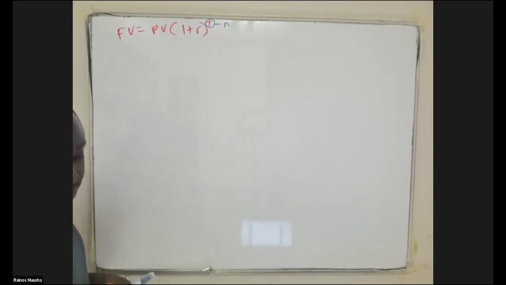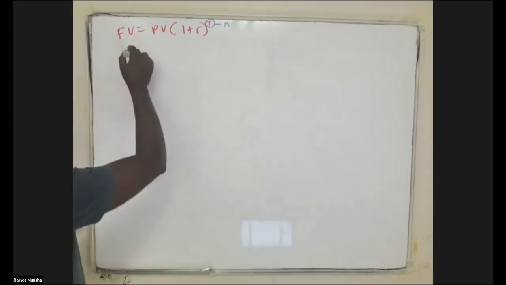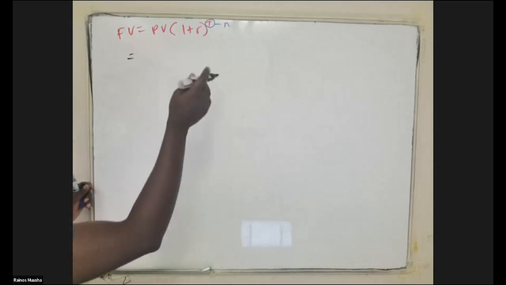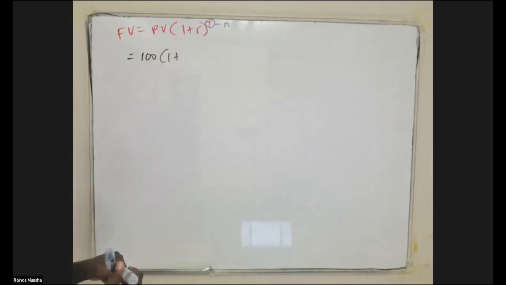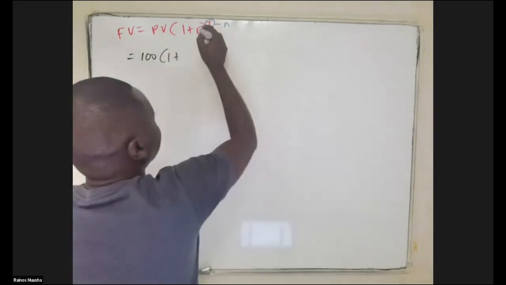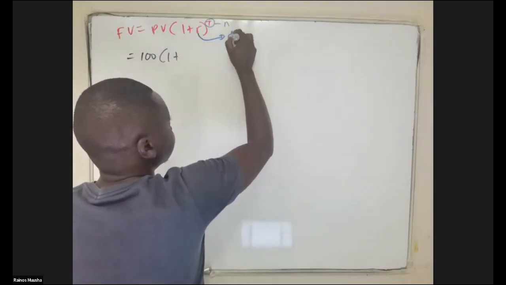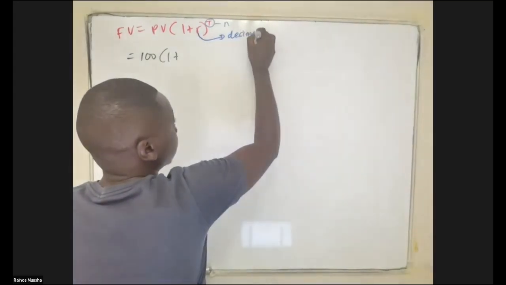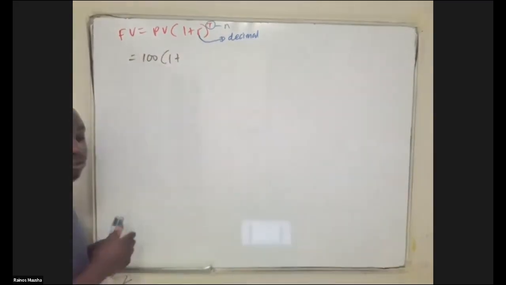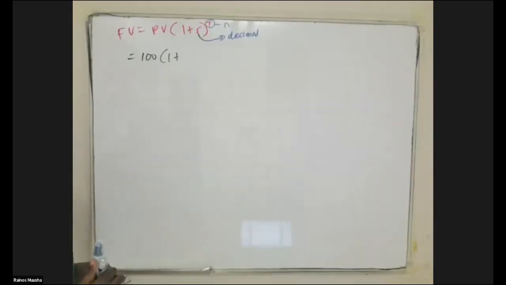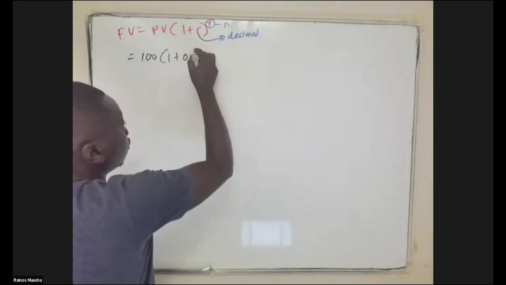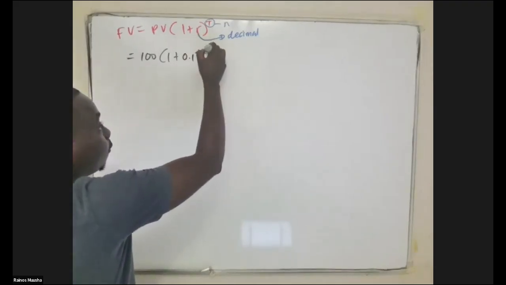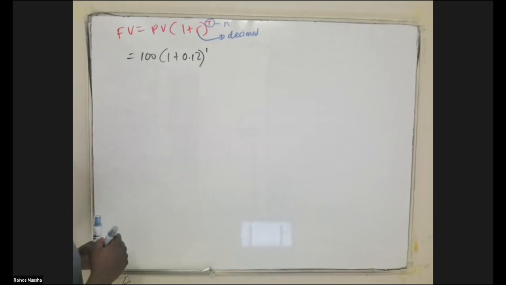So to find the future value, the present value is the single lump sum amount being invested of 100 Rand, in brackets 1 plus the interest rate. If you're using the formula, the interest rate has to be entered as a decimal. So 12% interest as a decimal is 12 divided by 100, which gives you 0.12. And this is put to the power of 1 because it's after 1 year.